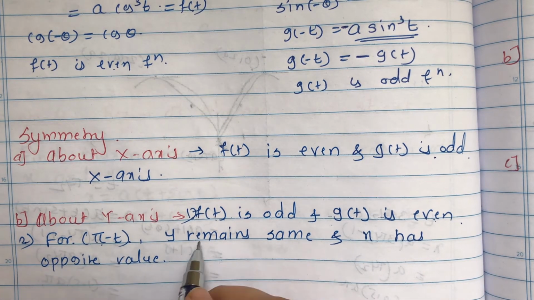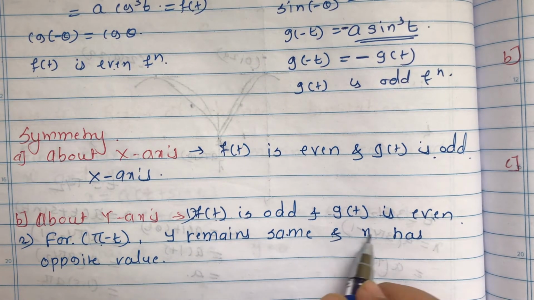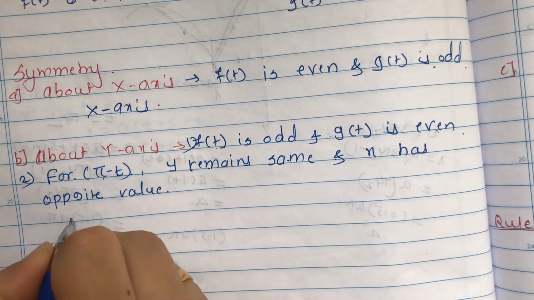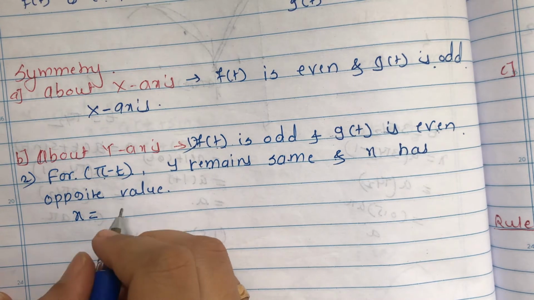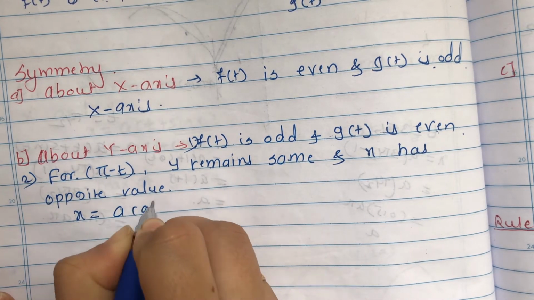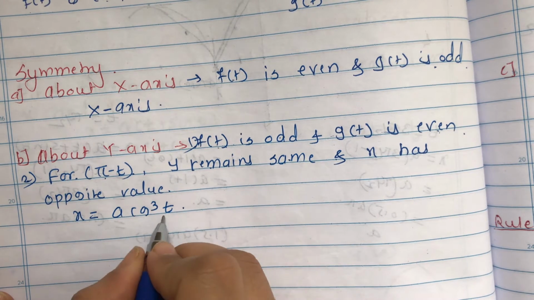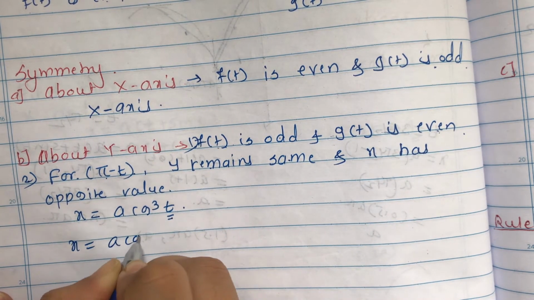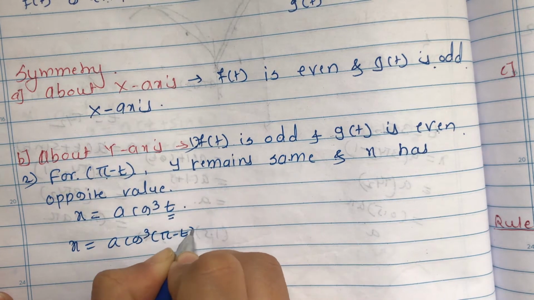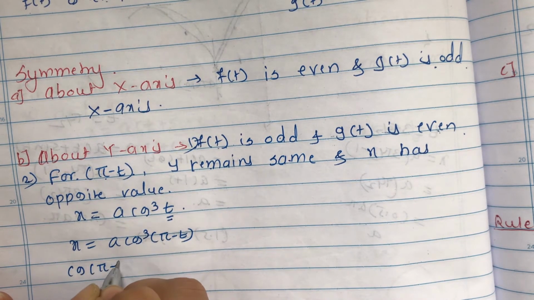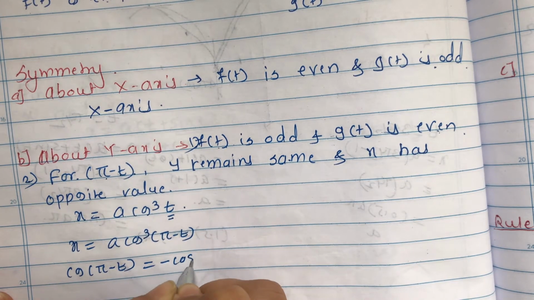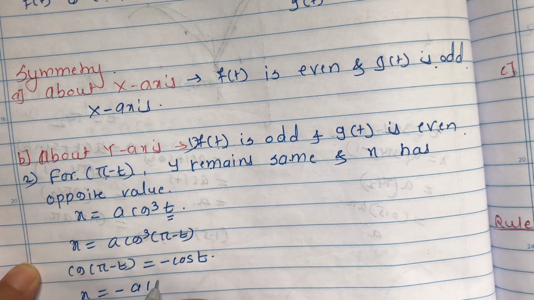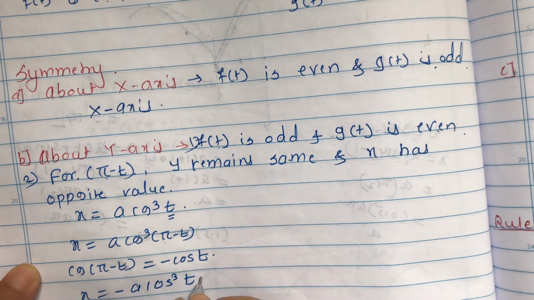For π - t, if y remains the same and x has the opposite value. Now x is equal to a cos³t. When we replace t by π - t, we get x = a cos³(π - t). But cos(π - t) is equal to -cos t. So x becomes -a cos³t.